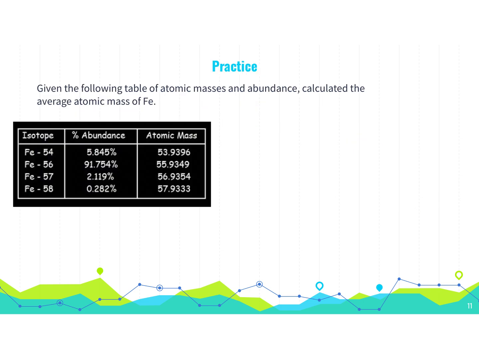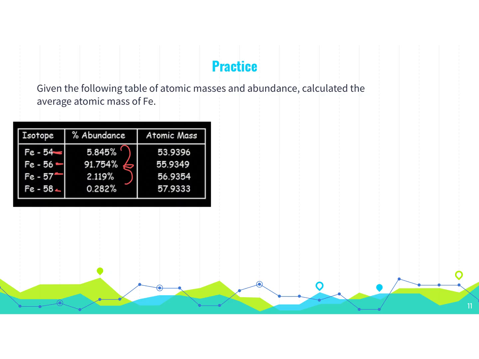And so you'll see this in an example in this slide right here, where we're looking at the atomic masses and abundance of iron. You can see we have different isotopes of iron on the left, iron 54, 56, 57, and 58, and a bunch of different abundances of those isotopes as well.